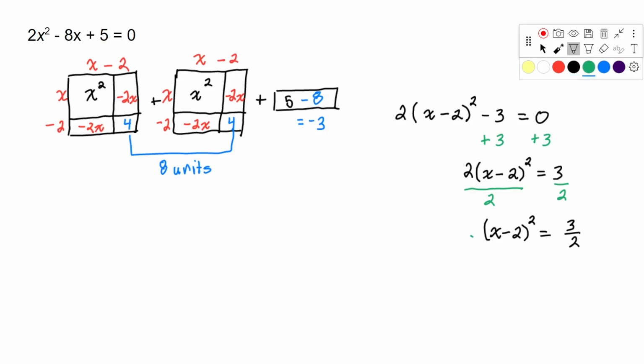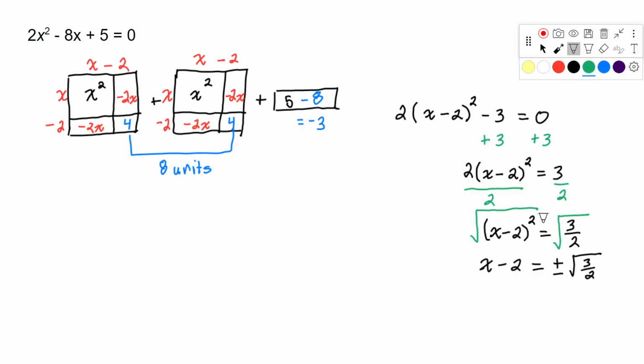Now I can take the square root of both sides, and I can write this as x minus 2 equals plus or minus the square root of 3 over 2.